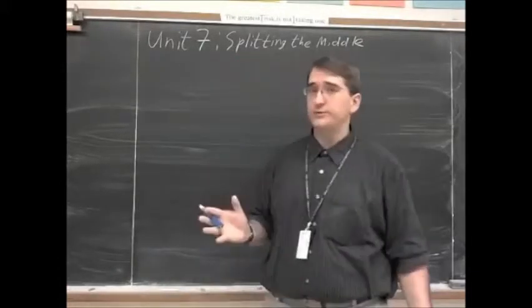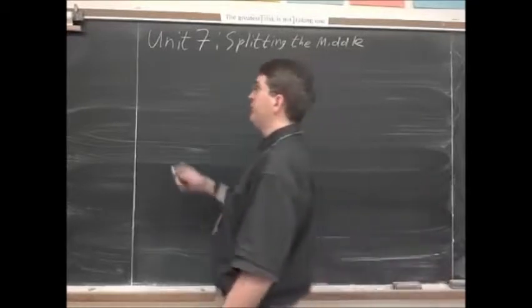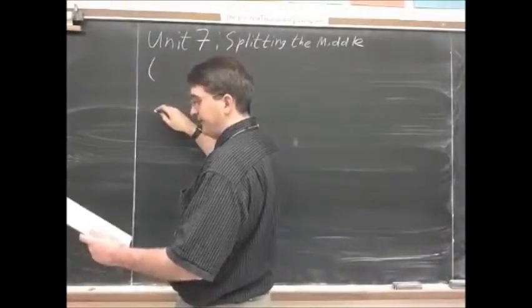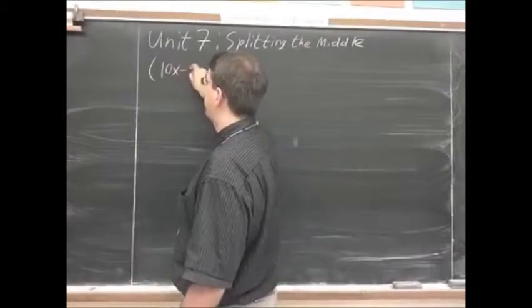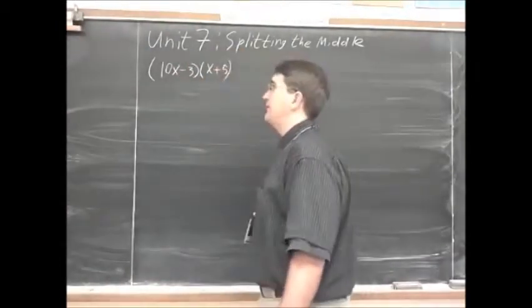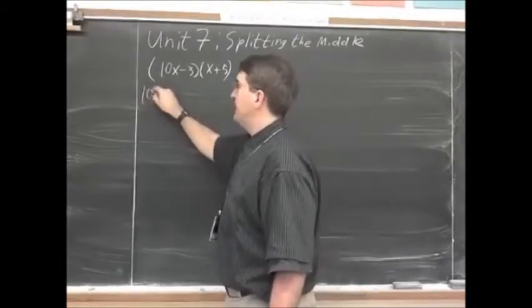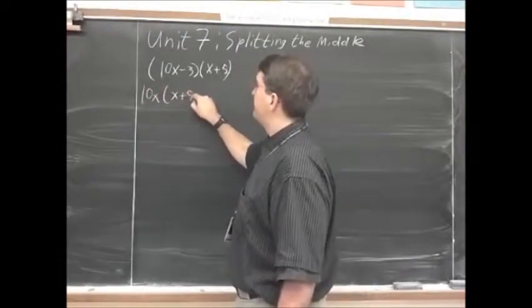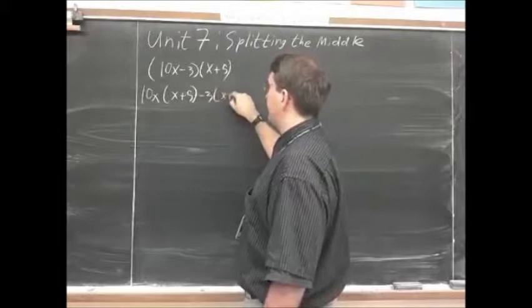But first, I just want to review again what it looks like when you multiply two binomials together. If we have something like 10x minus 3 times x plus 5, for example, we would do the double distribution, 10x times x plus 5 minus 3 times x plus 5.